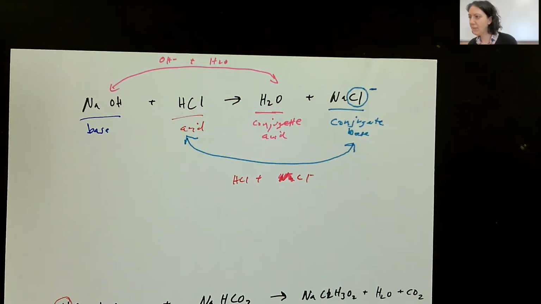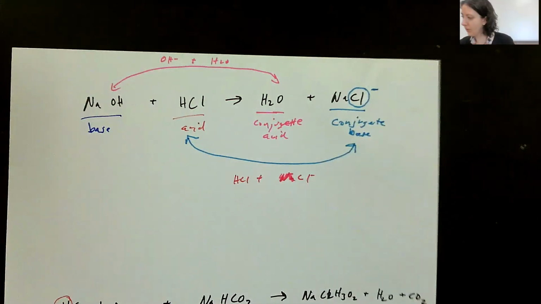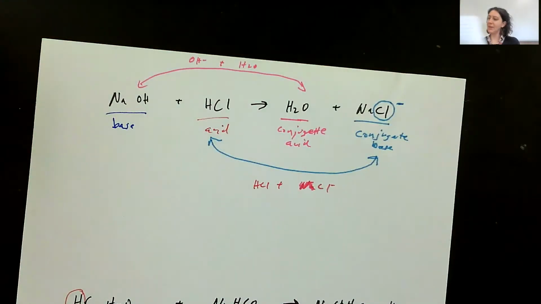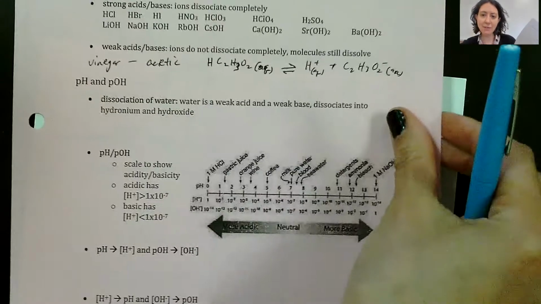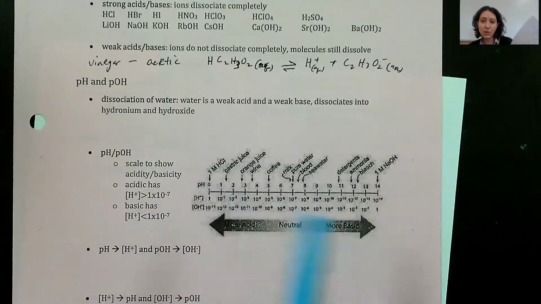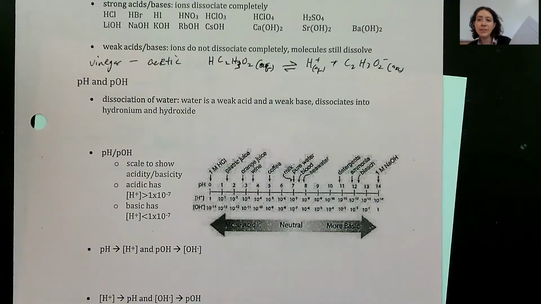So let's talk about the pH scale. I want to go back. Do I have that picture? I do. Okay. This is the pH scale, and it is a way of measuring whether something's an acid or a base. pH has a scale from 0 to 14, but it's a little confusing what this actually means. pH is based off of the concentration of hydrogen ions in a solution.